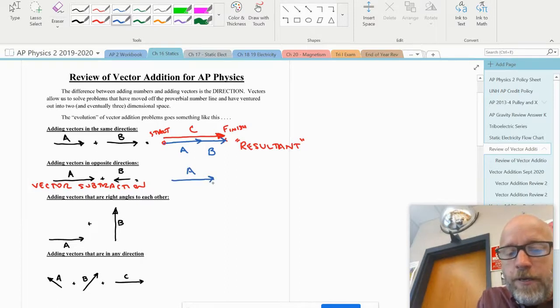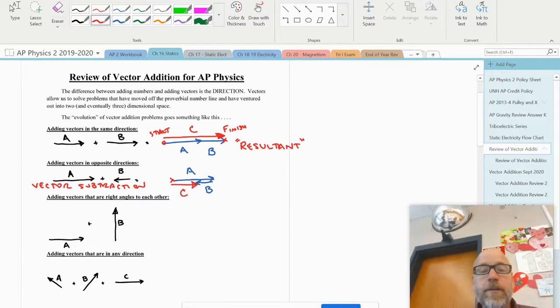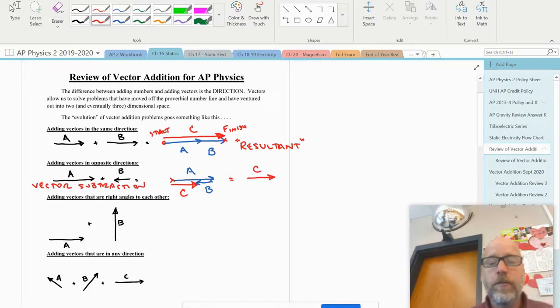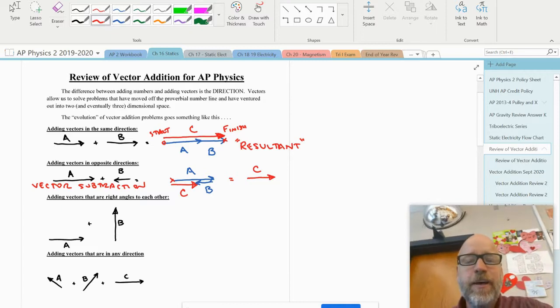And vector B is going back. So the resultant would just go from the start to the finish, and my resulting vector would be C. So I could write that as that is equal to C. It doesn't have to be anchored at a starting point. It's really just a magnitude and a direction.